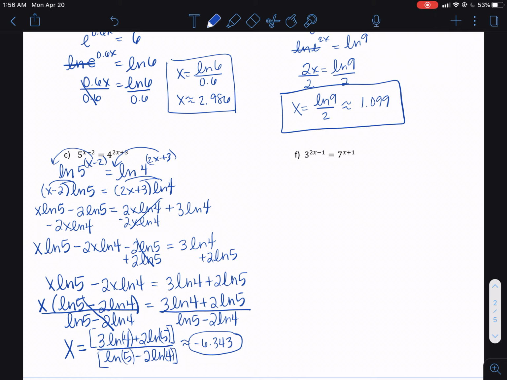Okay, so if we do the second one, it's very similar to that. So 3 to the 2x minus 1 power equals 7 to the x plus 1. Again, I'm going to natural log both sides.